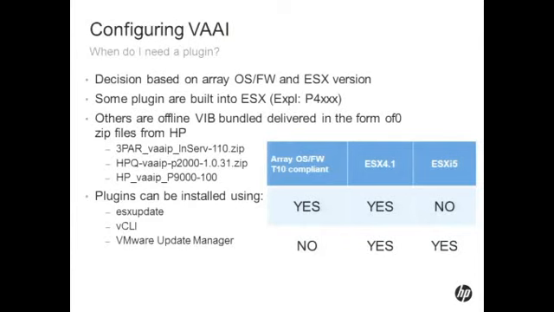If you're running ESXi 5, though, you may or may not need a plugin. That's when this first column comes in. The first question you ask yourself is: is the firmware I'm running on the storage system T10 compliant for VAAI operations? If your answer is yes, then you do not need a plugin.